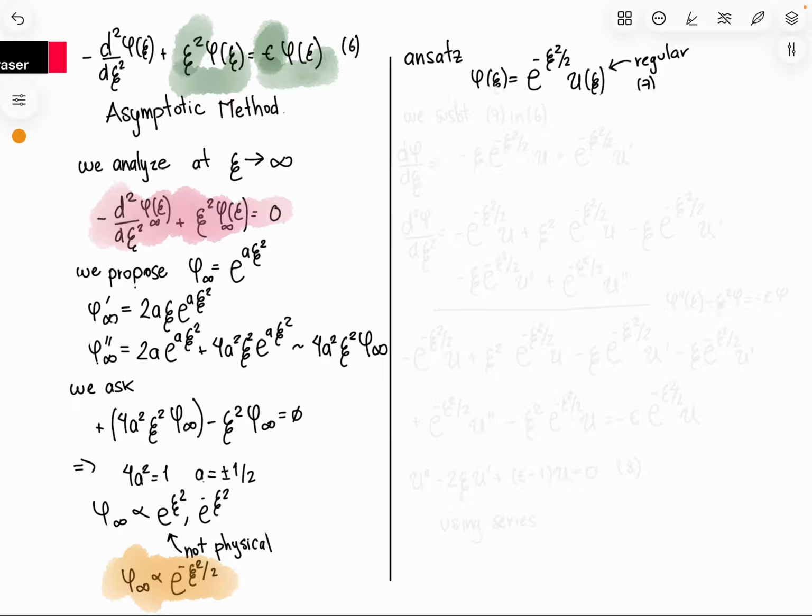The only thing we ask from the solution, the function u, is to be regular in such a way that it doesn't destroy the behavior that we already fit by the psi at infinity. So we substitute this equation 7, this proposed solution, the ansatz, in equation 6.